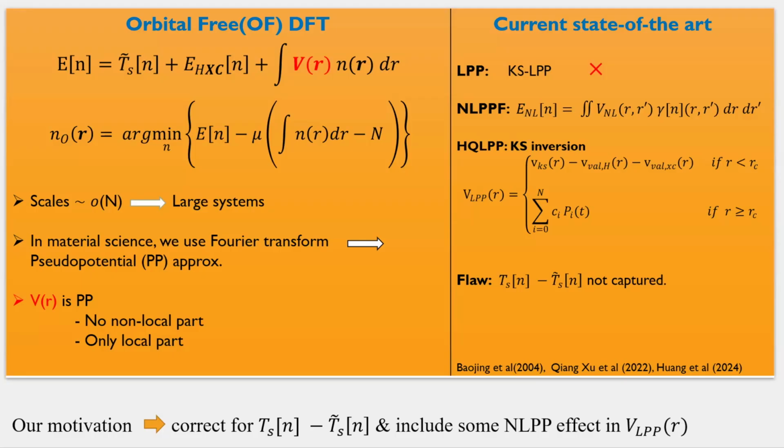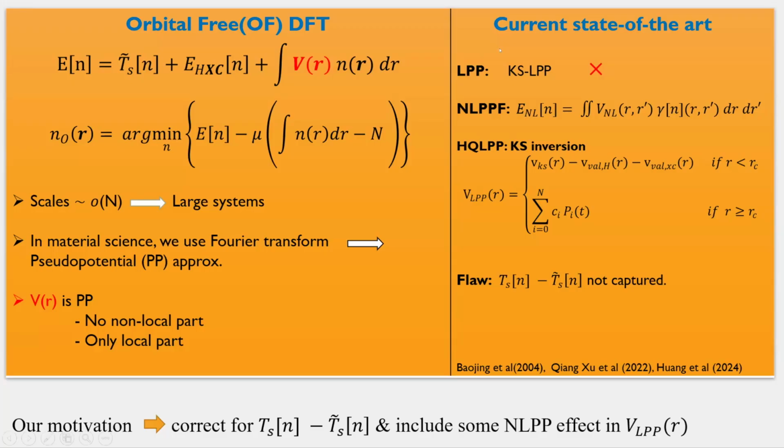For orbital free DFT, we're using a plane wave, so our Coulomb potential here is approximated as a pseudopotential. However, it has no non-local parts, because it's hard to couple the density to the non-local parts. And so it uses only the local parts of the pseudopotential.